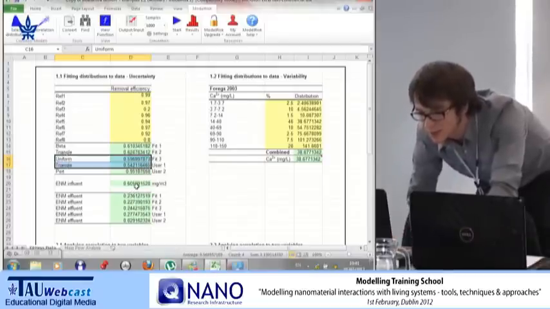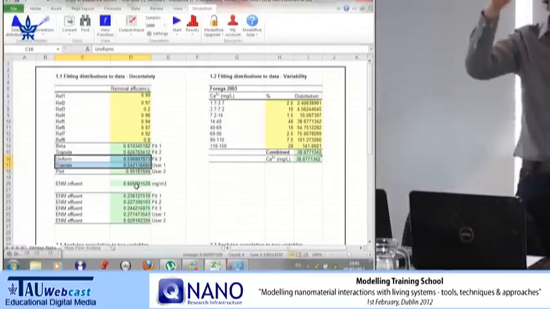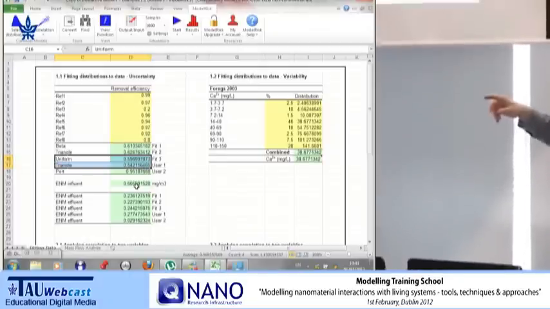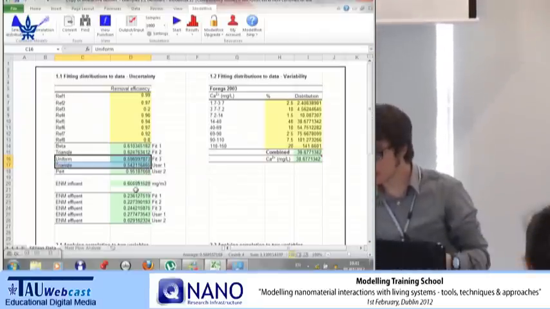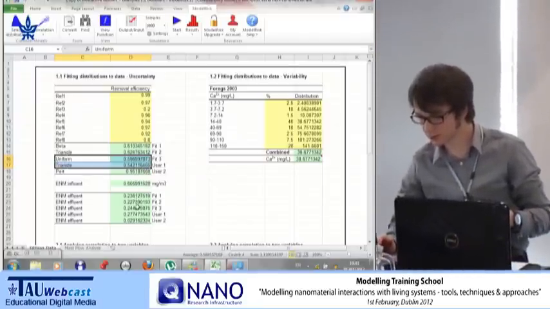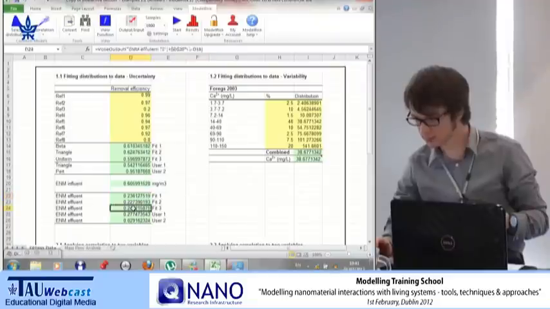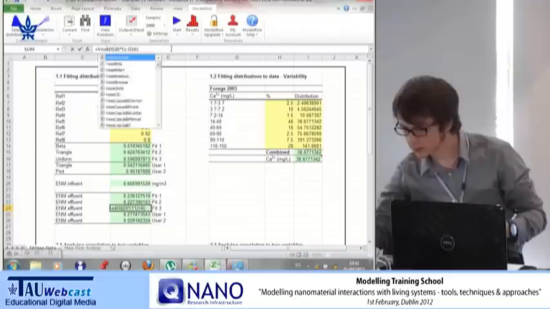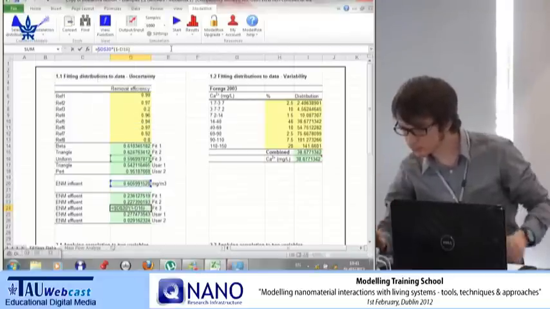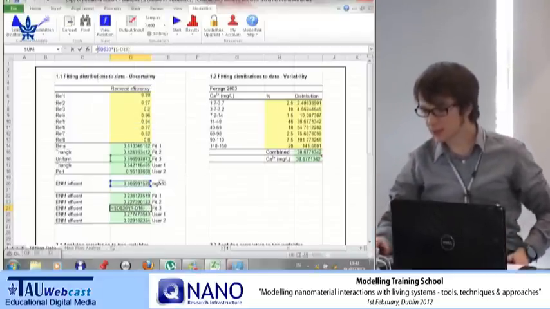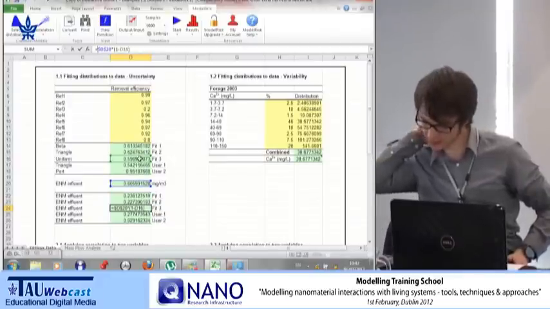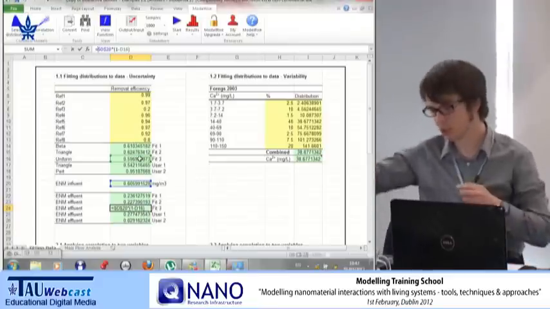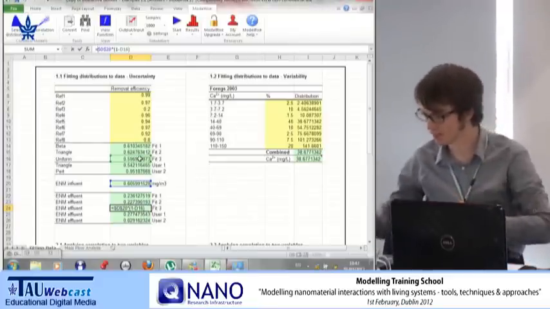We have a removal efficiency that is represented by an uncertainty distribution. Again, as you can see here, this is just the influent multiplied by the removal efficiency. Or, since we want the effluent, it's 1 minus the removal efficiency.